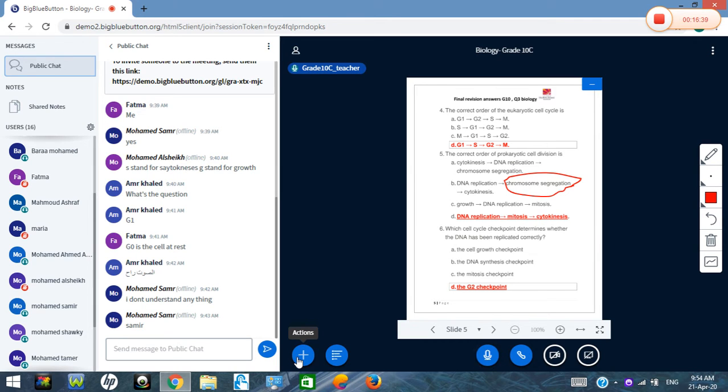What happens when the chromosomes split or separate? In anaphase, the chromosomes separate, and this is segregation. What is the meaning of segregation? For example, if we have chromosomes that carry the trait of hair color and chromosomes that carry the trait of eye color.